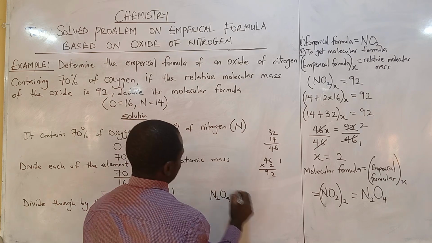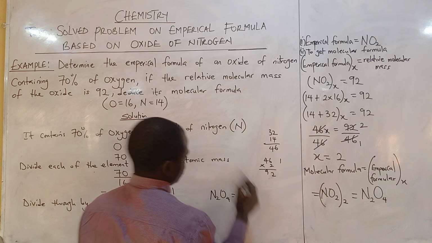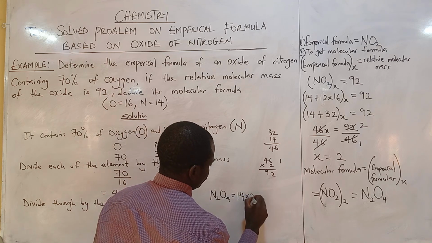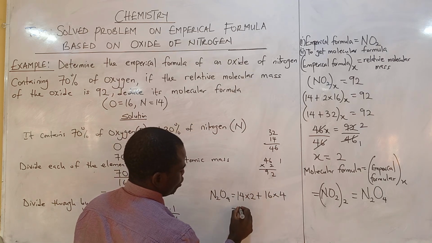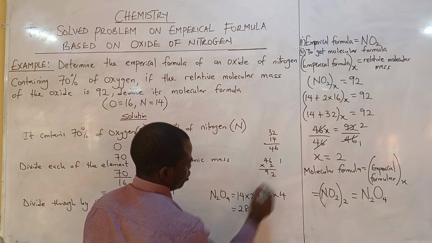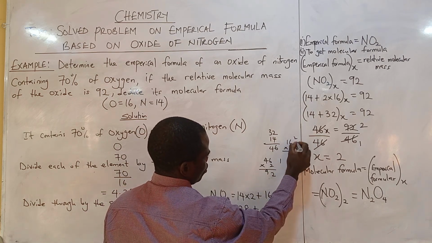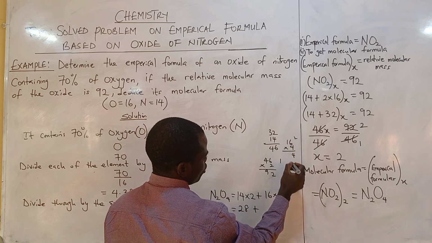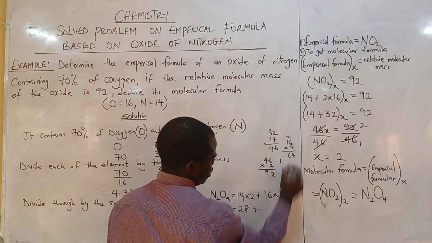N2O4 equals, atomic mass of nitrogen is 14. 14 times 2 plus 16 times 4. Let's see. 28 plus 16 times 4. 4 times 6, that's 24. 2. Carry 2. 4 times 1, 4 plus 2, 6.